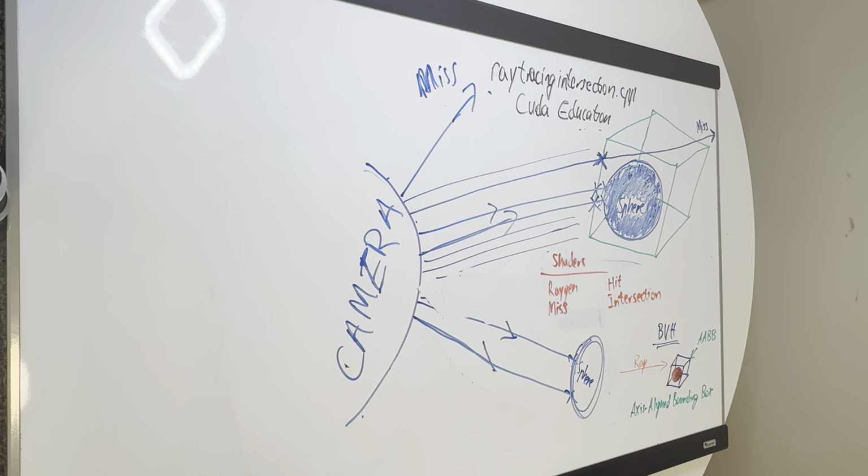And of course, me being me, I'm like, why do we have this intersection shader? I need to know the difference between an intersection shader and a hit shader.